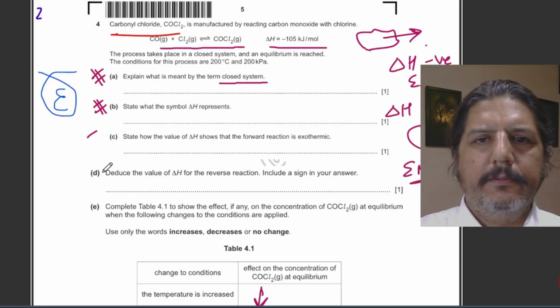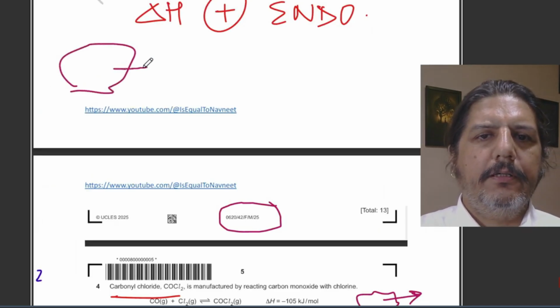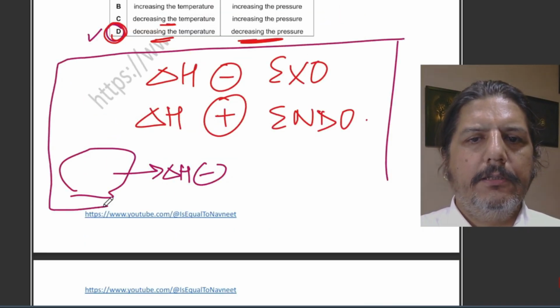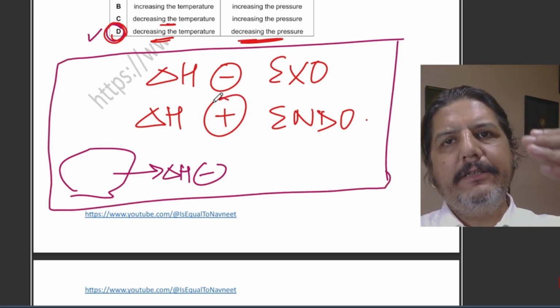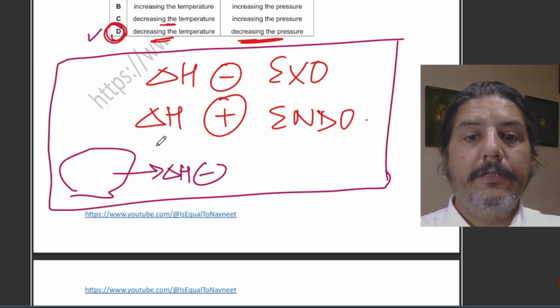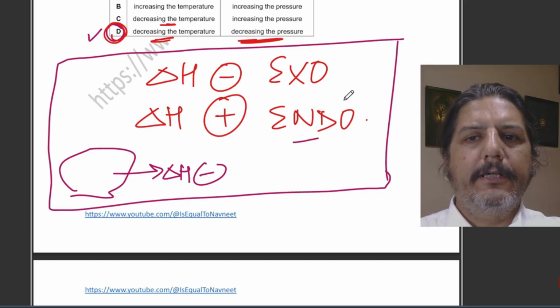So remember, whenever you see delta H to be negative, that means net energy has left the system. And whenever delta H is positive, it means net energy has entered the system. And that's an endothermic reaction.